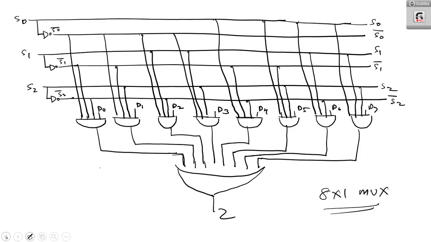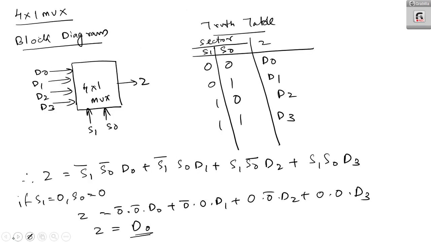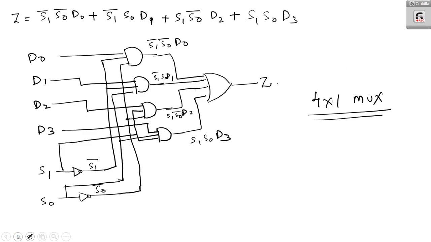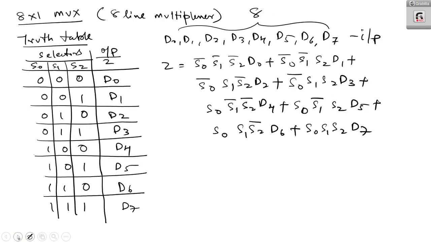In the next lecture we will be dealing with one more thing. Here we have dealt with 4 by 1 MUX as well as 8 by 1 MUX. Now one question: can we realize this 8 by 1 MUX using 4 by 1 MUX? So the next heading is 8x1 MUX using 4x1 MUX, whether it is possible.